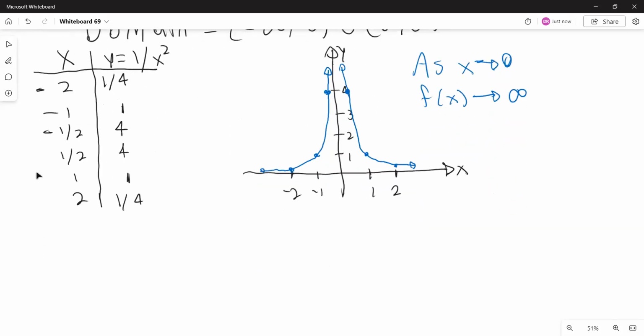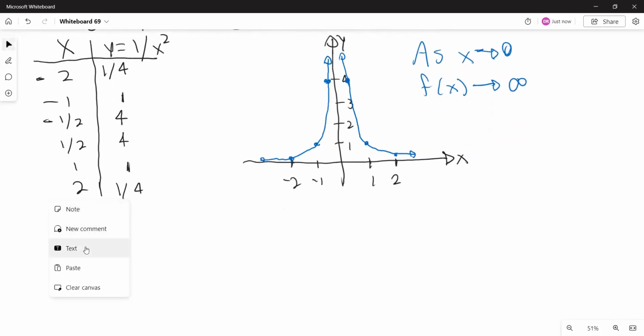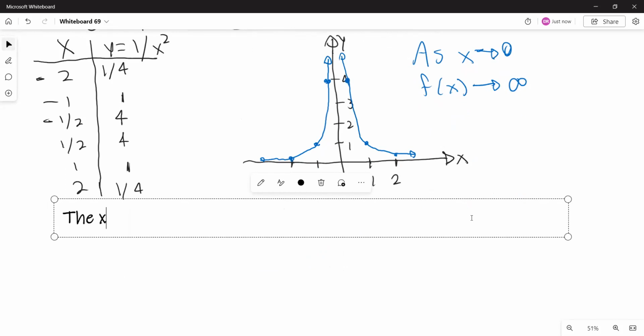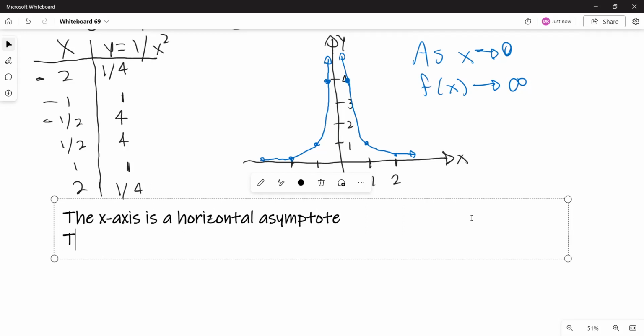Some of the characteristics are similar to the characteristics of 1 over x. The x-axis is a horizontal asymptote. And the y-axis is a vertical asymptote.